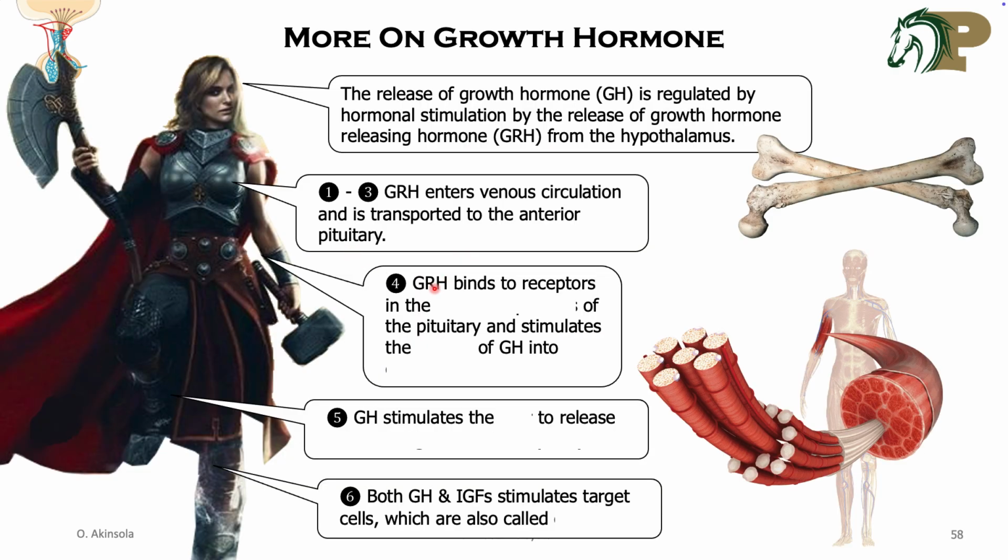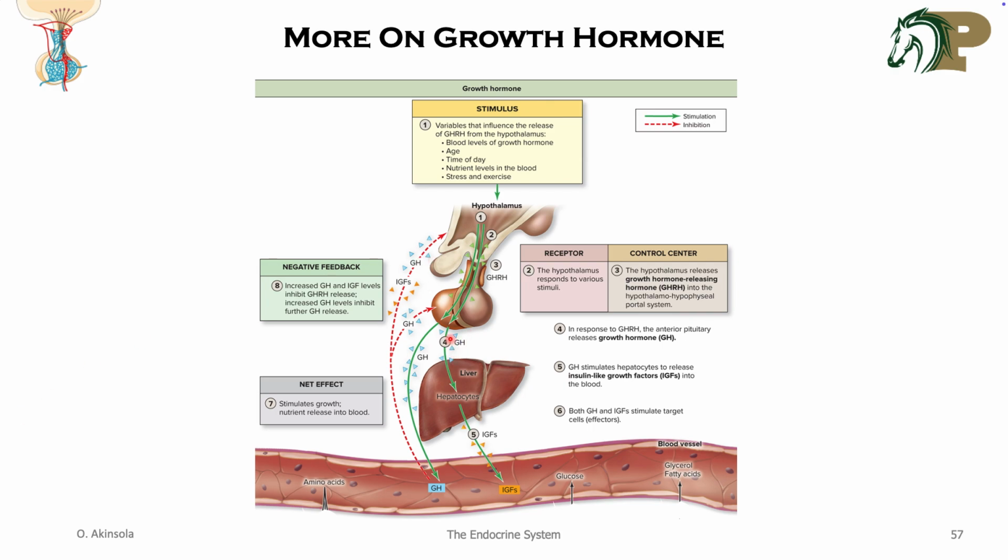Number 4, GRH will bind to the receptors in the somatotropic cells of the pituitary and stimulate the release of growth hormone into general circulation. So that is what is occurring right in here, GH being released. That GH is going to travel to the liver, also enter general circulation and travel to other areas of the body.